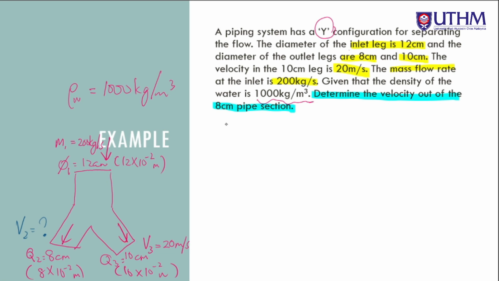Okay. So we know total mass flow rate in must be equal to total mass flow rate out. So mass flow rate in, what do we have? Just one, the inlet is just one. So we have M1 equals to, what comes out we have two. So we have M2 plus M3, right. But now basically we want to find V2, right. So we make M2 on the left equals to M3 minus M1.